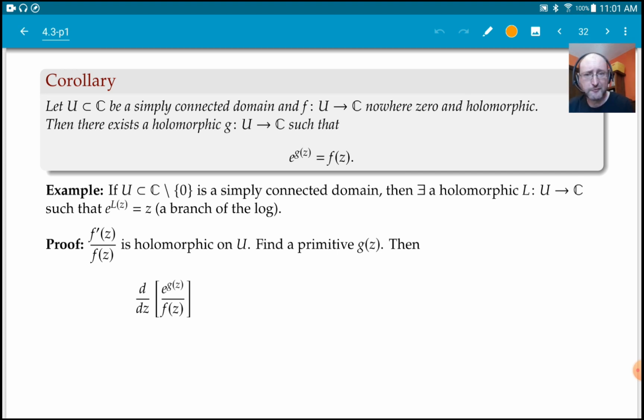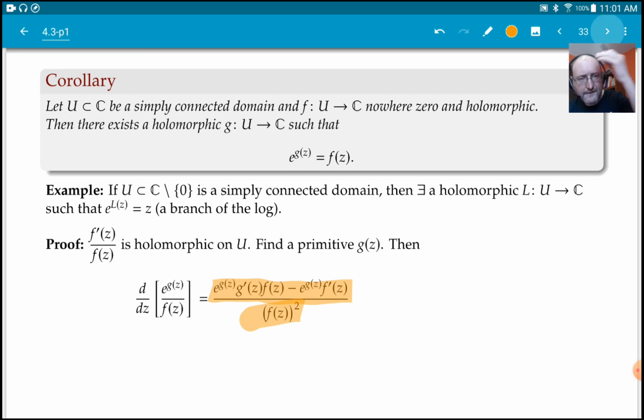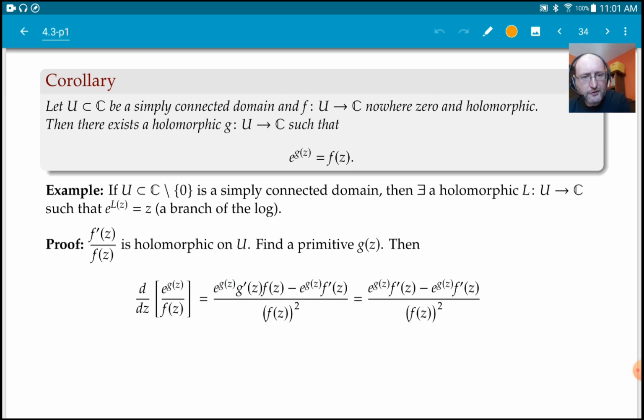f is non-zero, so this just makes perfect sense. Let's take a look at the derivative of this. Well, just quotient rule, and you get this mess over f squared. But now, if you look at g prime, that's a primitive, right? What is it a primitive of? This guy. So if I look at g prime, I get f prime over f.